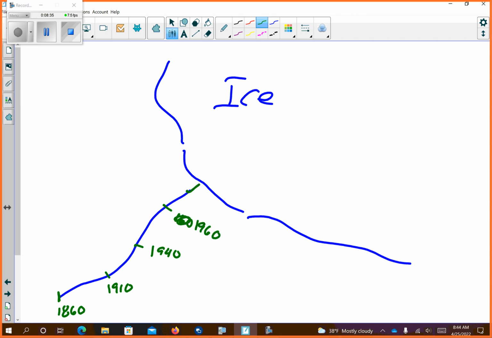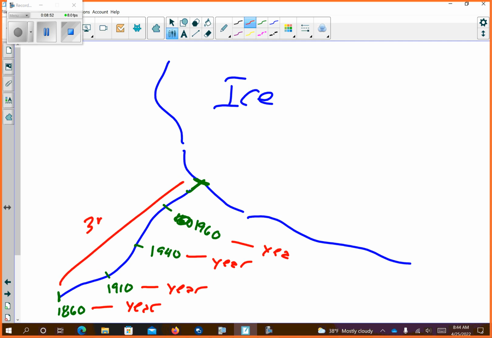And then that was probably the last one. Then you get to the glacier. At first, you didn't really realize what these were, but this was the year where the glacier had been. And I can tell you that the distance of this trail was about 3 miles.